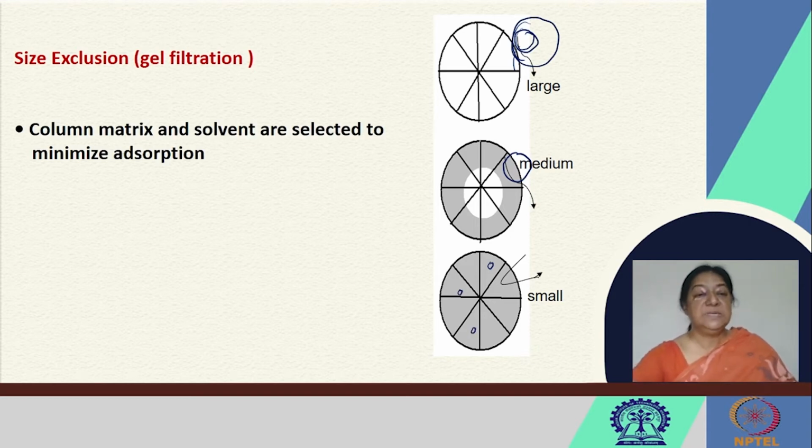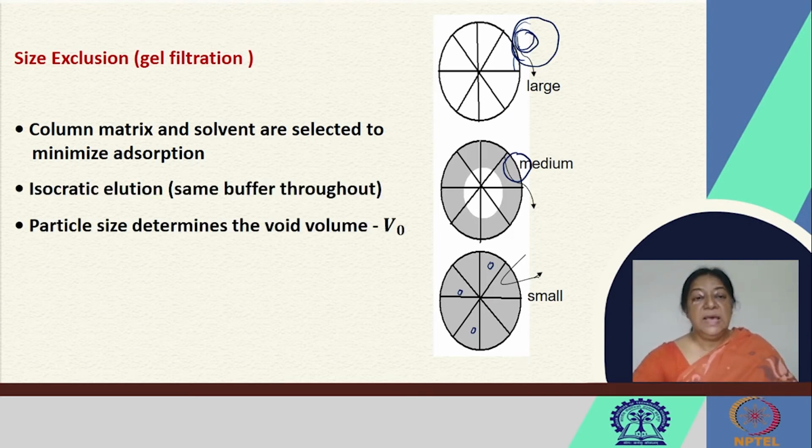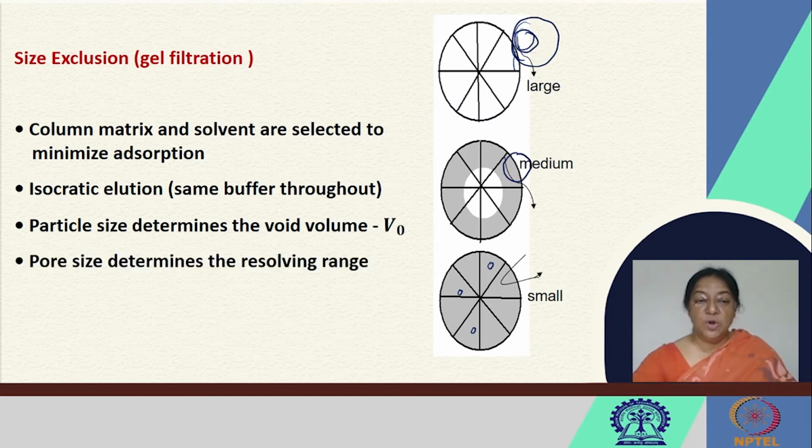So what happens is the column matrix and solvent are selected to minimize adsorption. We use the same buffer throughout, usually in an isocratic elution as it is called, and the particle size determines the void volume and the pore size determines the resolving range.